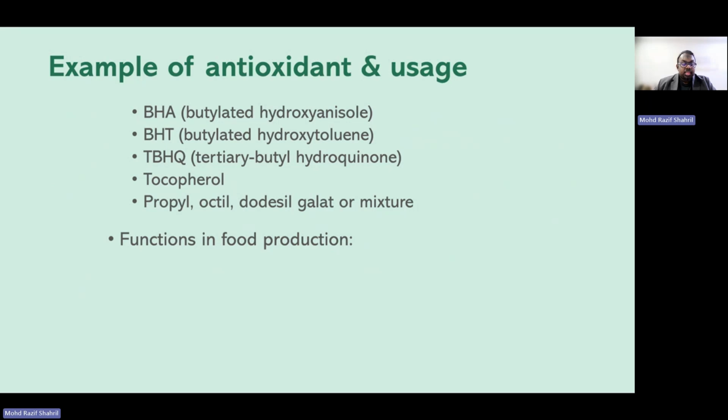We also have naturally occurring antioxidants like tocopherol, which is vitamin E, as well as propyl, octyl, and dodecyl gallates or their mixtures. These compounds serve a critical function in food production to preserve freshness and extend shelf life. You will routinely see them added to commercial products like vegetable oil, cooking fat, peanut butter, and coconut cream.